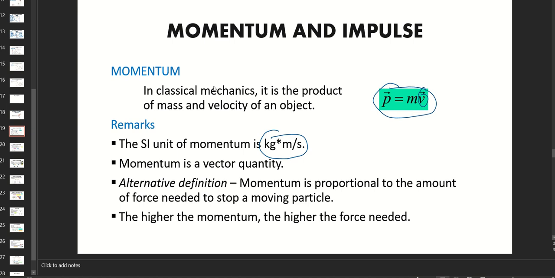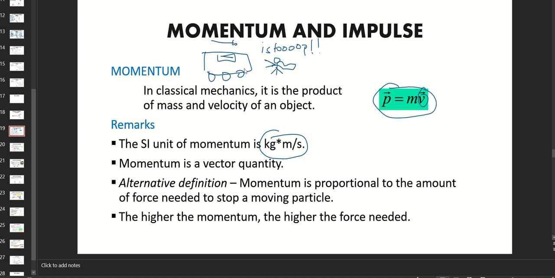Na-topic na natin, di ba? Force makes object move and force can also be used to stop an object. So, yun yung idea dito. Para sa example, mayroong papuntang bus, tapos ikaw, may kapa ka kasi ikaw si Superman, tapos sabihin mo, stop, stop, tapos padiretso siya dito, di ba?